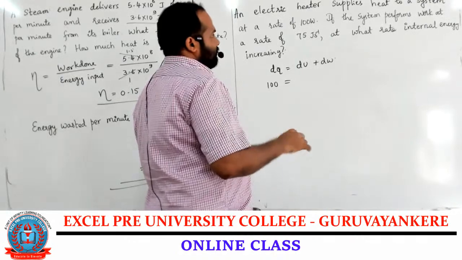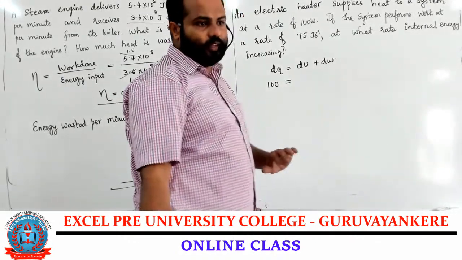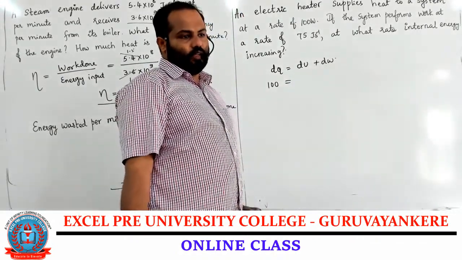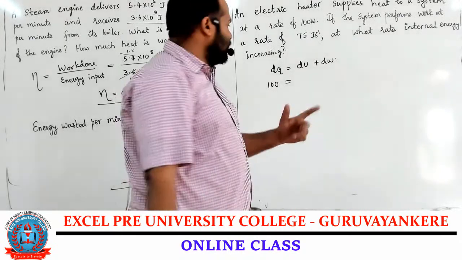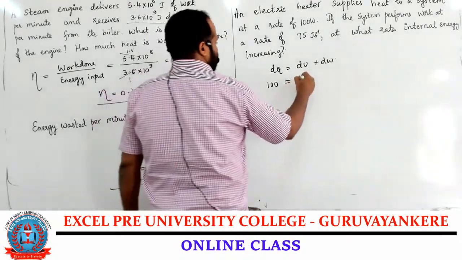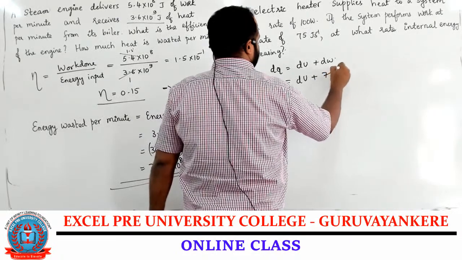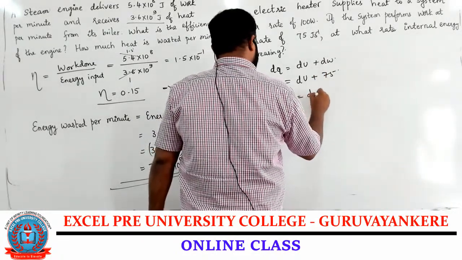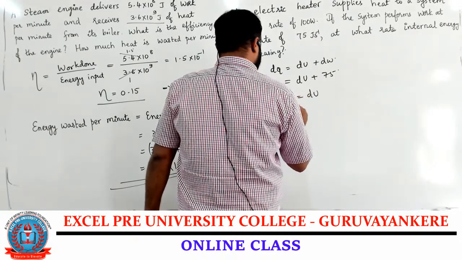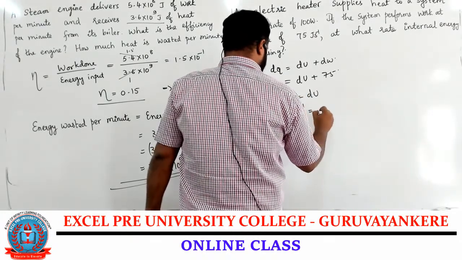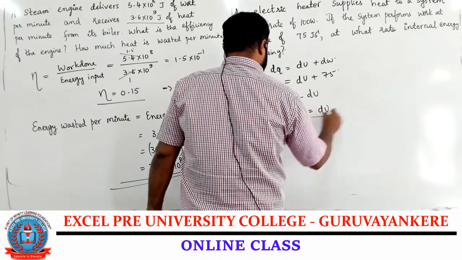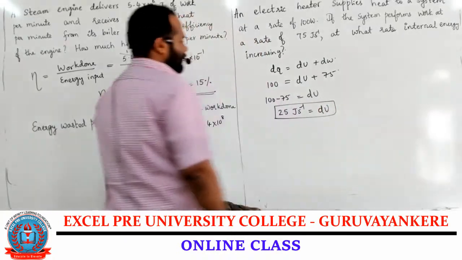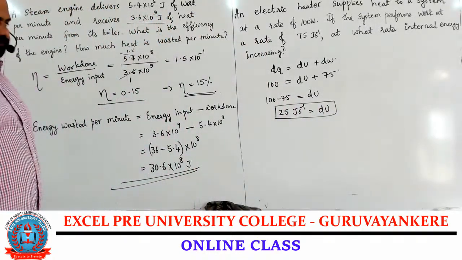If the system performs work, work is done by the system, so the work done should be positive. So 100 minus 75 is dU. 25 joule per second is the rate of increase of the internal energy.